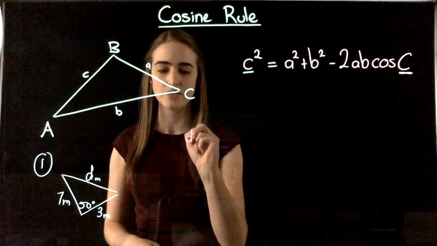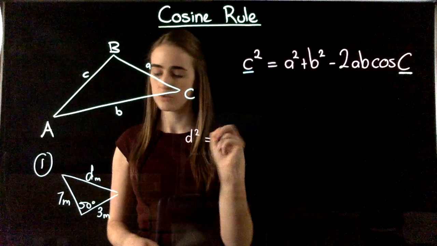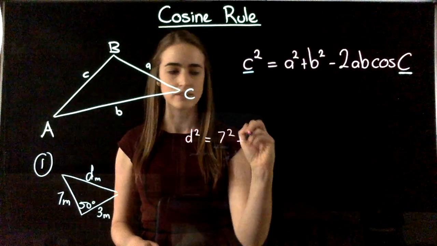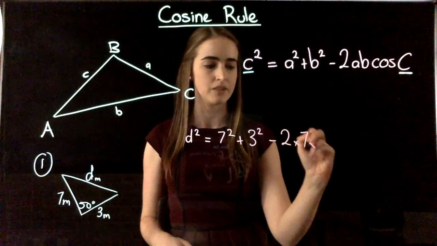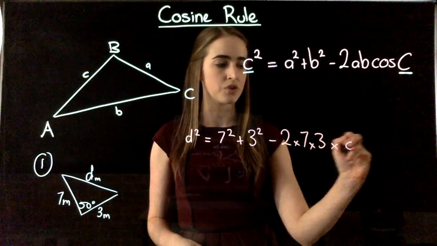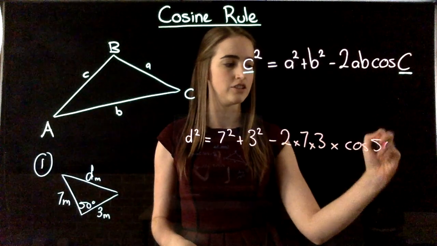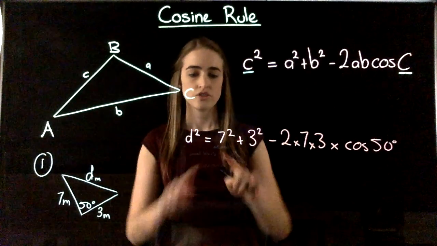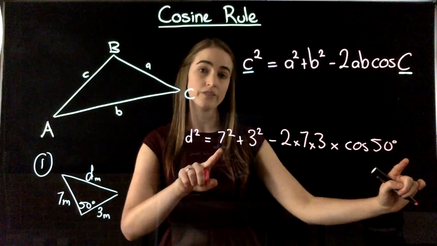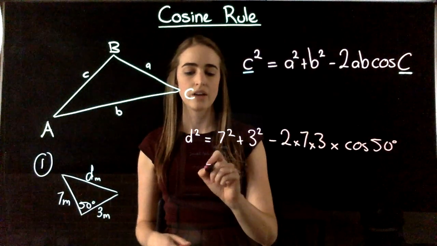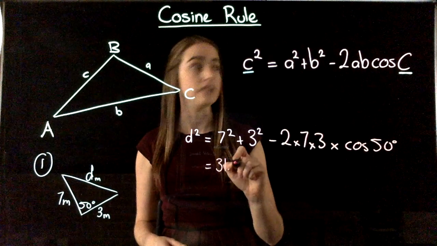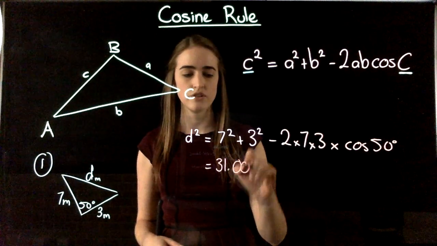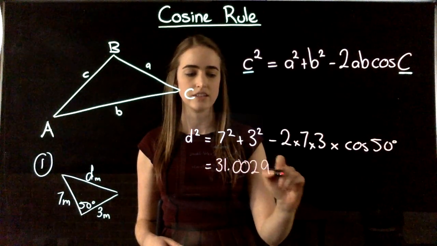So we're going to have d squared is equal to 7 squared plus 3 squared minus 2 times 7 times 3 times cos of 50 degrees. This whole huge thing, we're going to put all of that in our calculators, and we're going to get something like 31.0029, and it's going to continue.